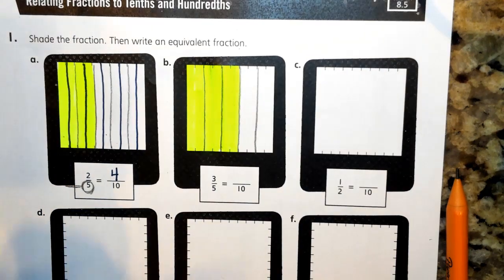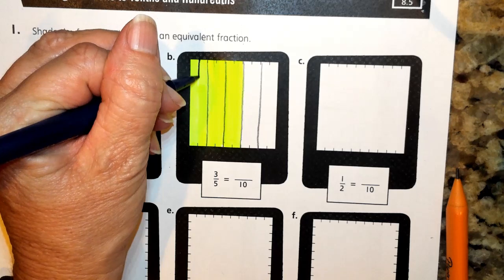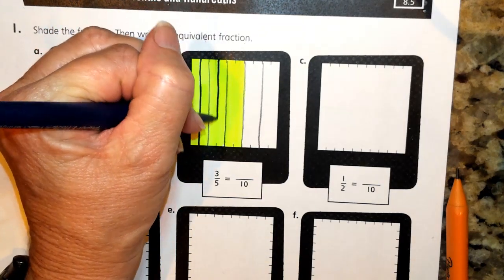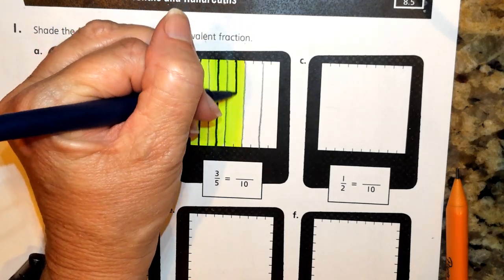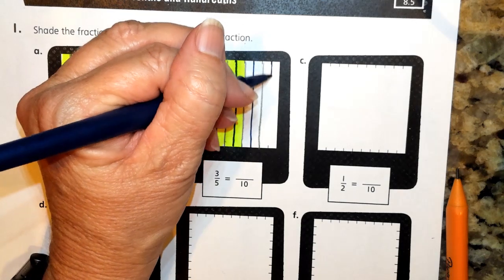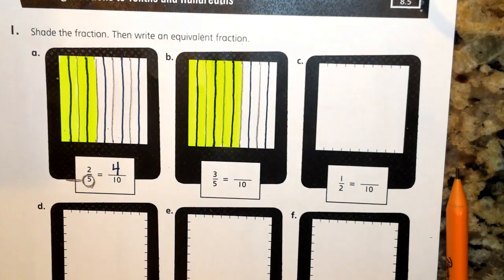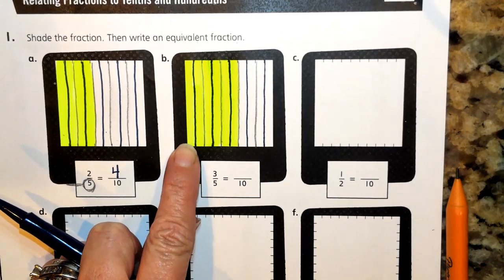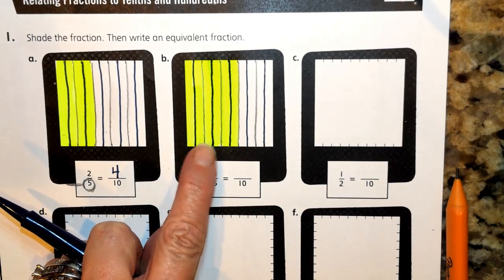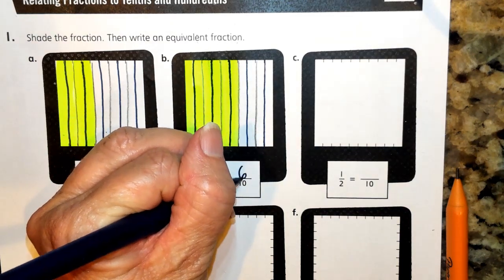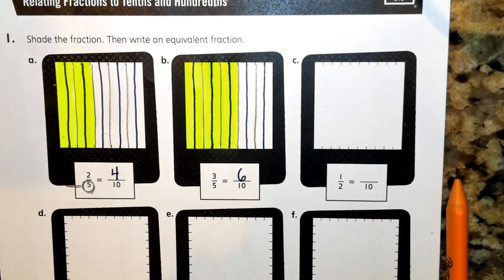I'm going to need to cut this model into 10 equal pieces. So we have 1, 2, 3, 4, 5, 6, 7, 8, 9, 10. And I'm going to go back and count those pieces that are shaded. So we have 1, 2, 3, 4, 5, 6. 6 pieces are shaded out of 10. So we have 6 tenths.